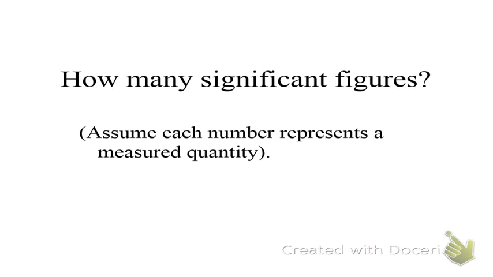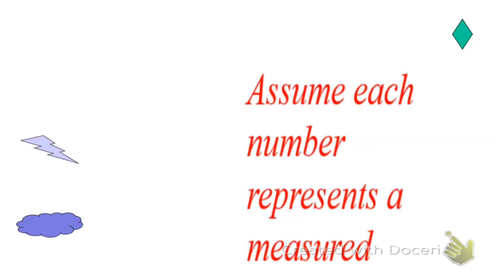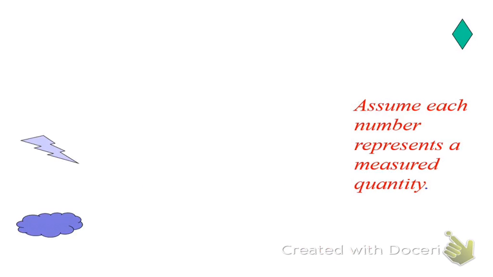Okay, so let's see how we do. Assuming there's uncertainty in each one of these numbers. This first one, I want you to hold up your fingers for how many sig figs there are. I'm liking it. Very good, 4 sig figs.